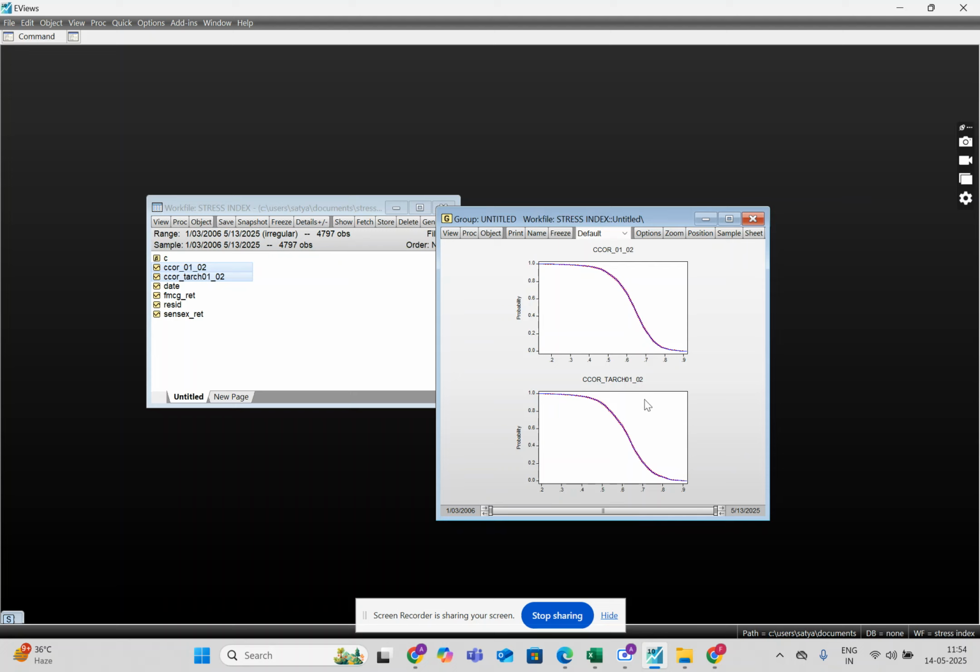So CCOR TARCH actually gives us a better kind of a response. It gives us a kind of a response where we can understand what are the effects of good shocks and bad shocks. So if we remember the model, the TARCH model actually accounts for asymmetry and you can see that here.